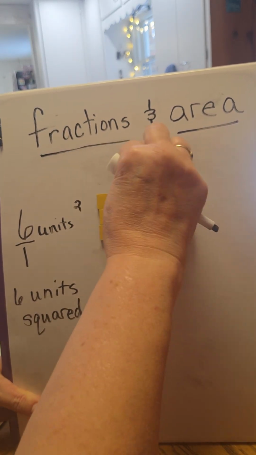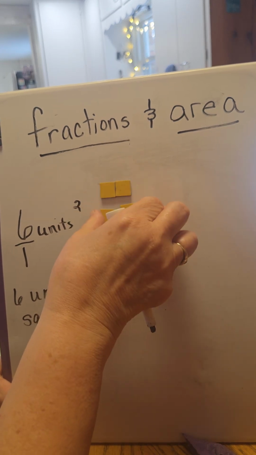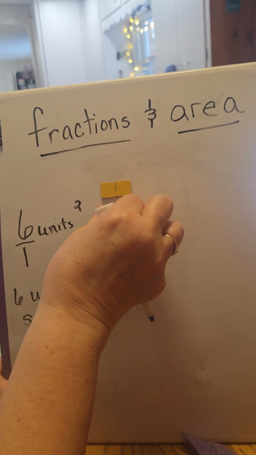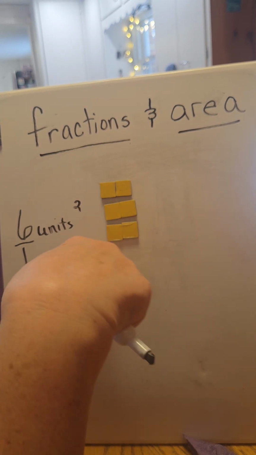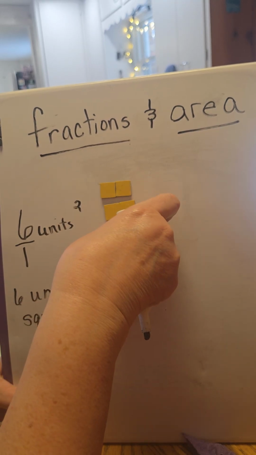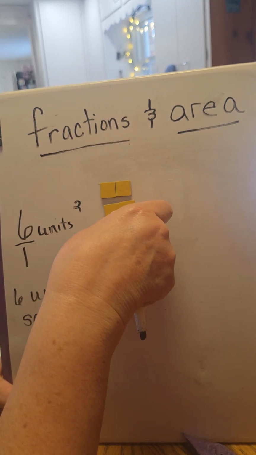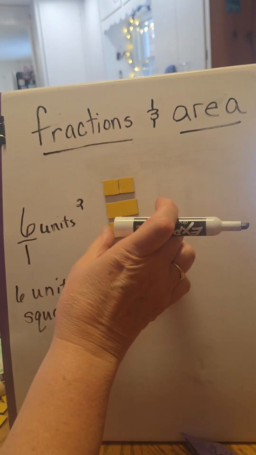Wow. So fractions, thinking about fractions, let's do the rows. When you're older, they're going to say the length. Length and width. Yeah, length times width for area. But we're going to call them rows and columns for now.